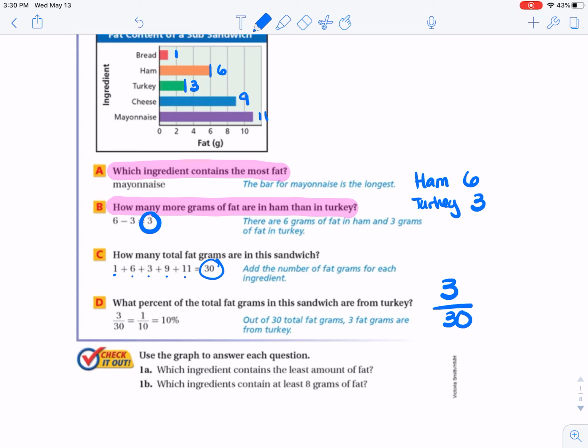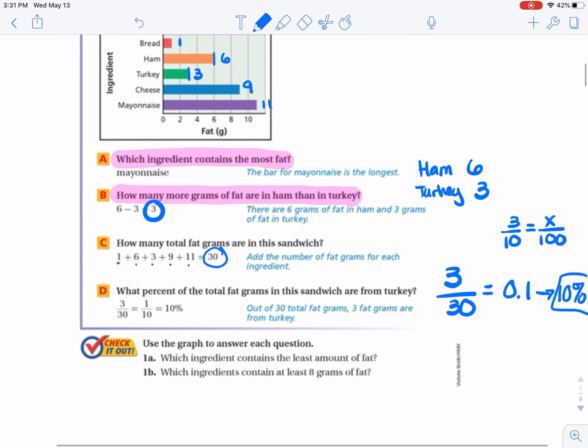You can simply divide that in your calculator and you get 0.1 and transform that into a percentage, which would make it 10%. You can also set up a proportion and solve and you would get 10%. Either way, it doesn't matter to me, whichever one you'd like to use, but that's transforming it into a percentage. You're finding parts of a whole.